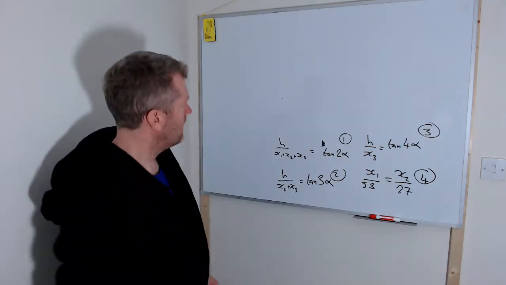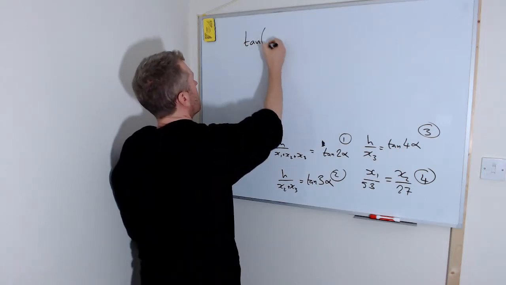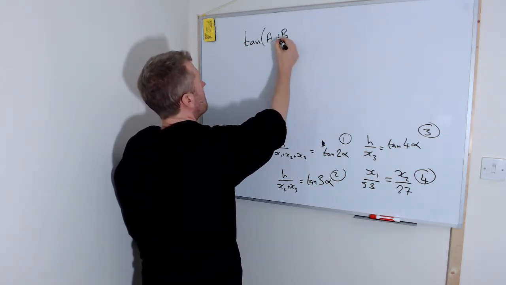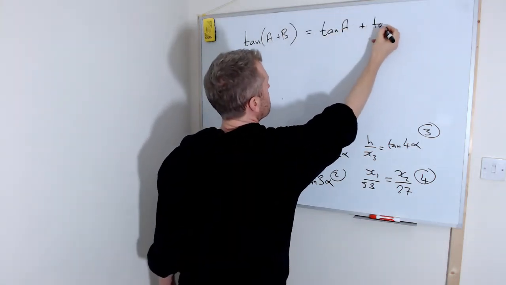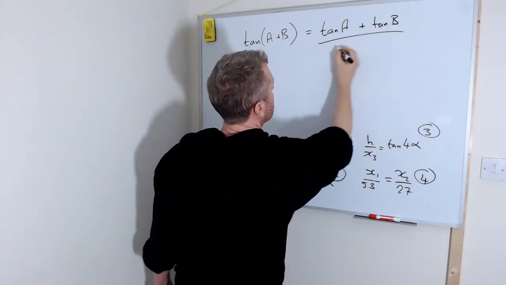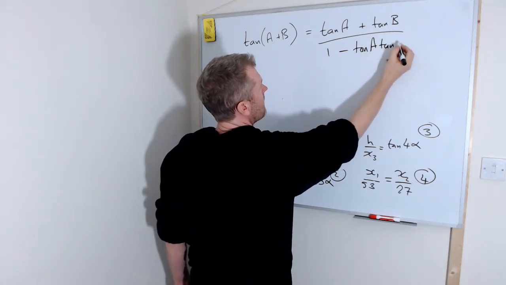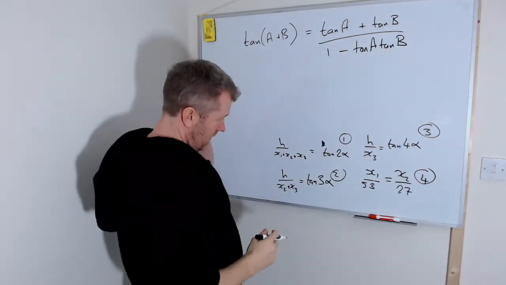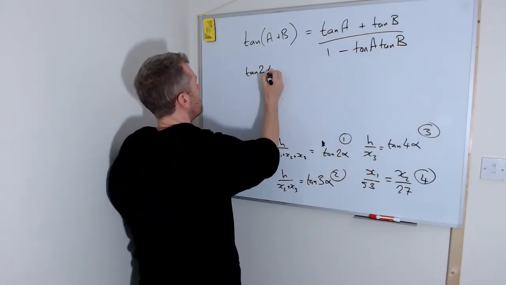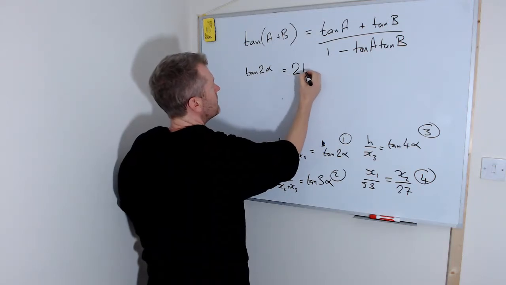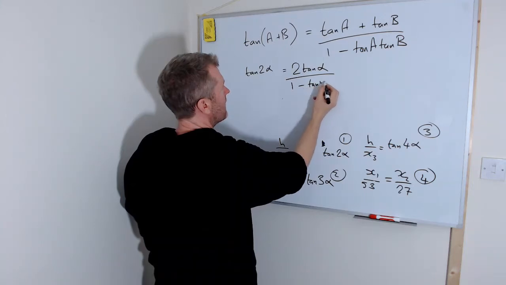First of all we have to put these in terms of tan alpha. So if you remember our compound angle formulas, tan of A plus B is equal to tan A plus tan B over 1 minus tan A tan B. And we can use that in all of these examples to get, for example, tan 2 alpha equals 2 tan alpha over 1 minus tan squared alpha.